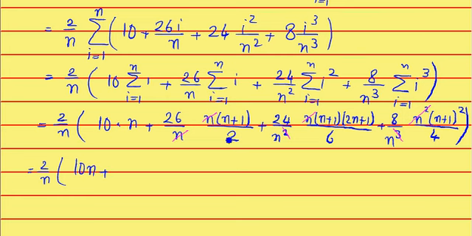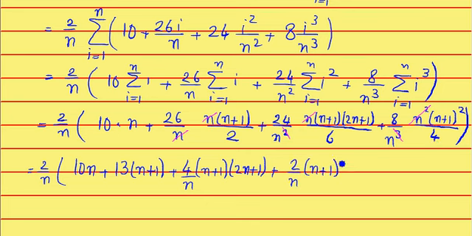This 26 over 2, that's going to be 13 times n plus 1. 24 over 6, that is 4 times n plus 1 times 2n plus 1. 8 over 4, that's 2, still have n in the denominator, and n plus 1 squared.